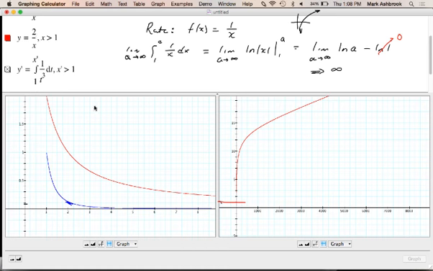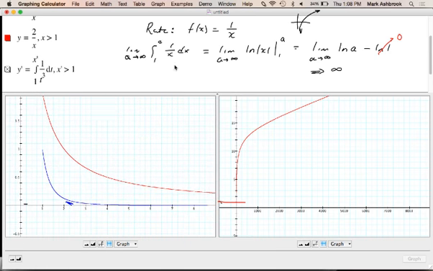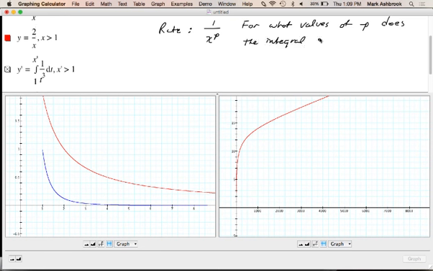Okay, so what about this? We'll look at one more. When you have rate functions like this, where the rate is 1 over x to the p, for what values of p does the integral converge or diverge?